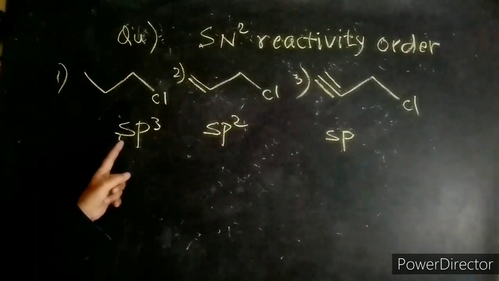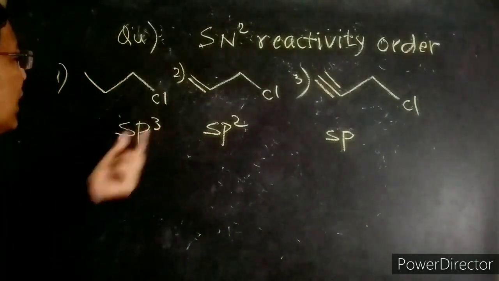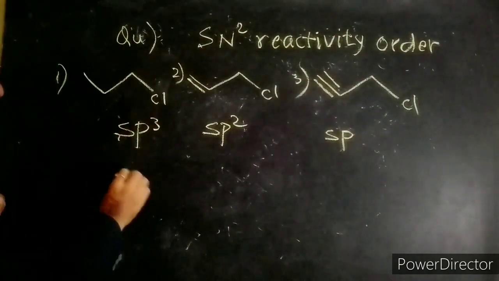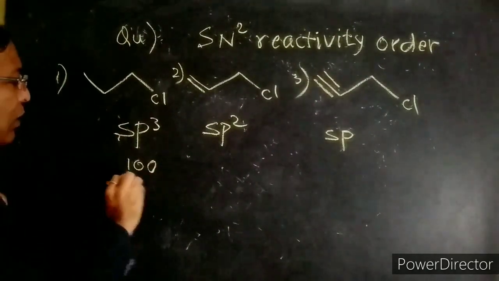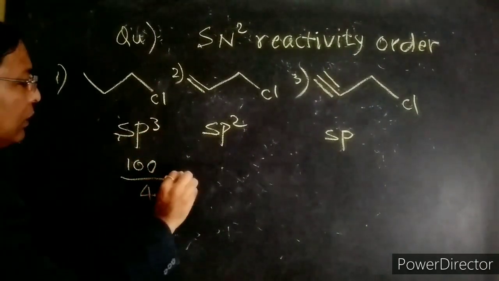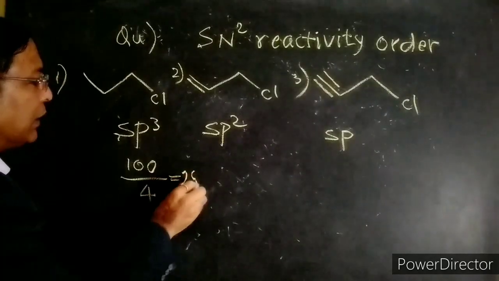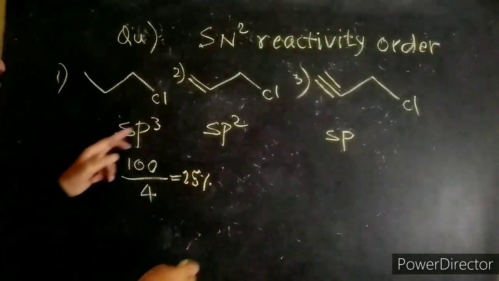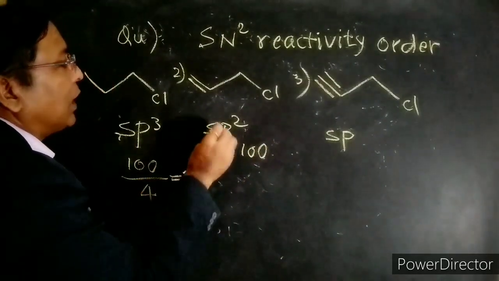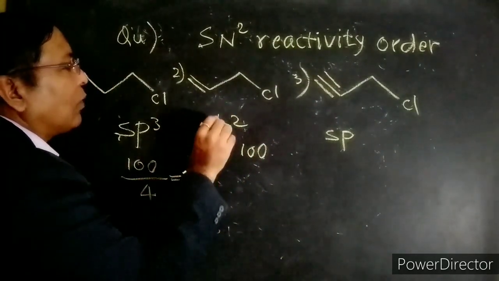Therefore, if you consider the percentage of s character, in an sp3 hybridized carbon atom there are totally 4 atomic orbitals. Therefore, if we divide by 4, we get 25% s character. And if you consider an sp2 hybridized carbon atom, there are 3 atomic orbitals, 1s and 2p.